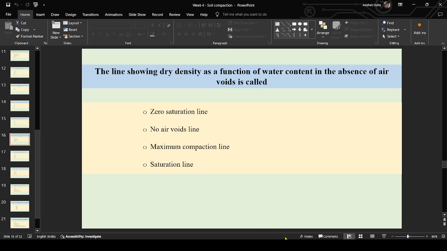Excuse me, sir. Yes. Sorry to interrupt. Here you don't mention the answer, but there are several saturation lines possible, no, sir? Several saturation lines are possible, that is the thing, but it might mean the same. But what I'm asking is, what is the terminology used?